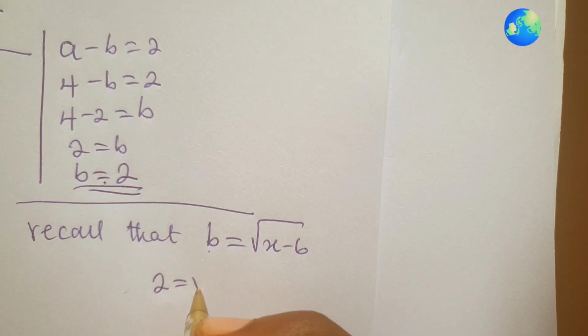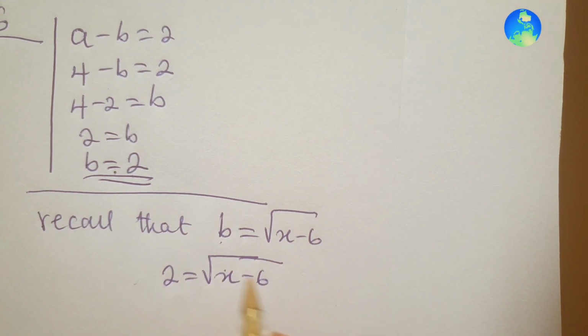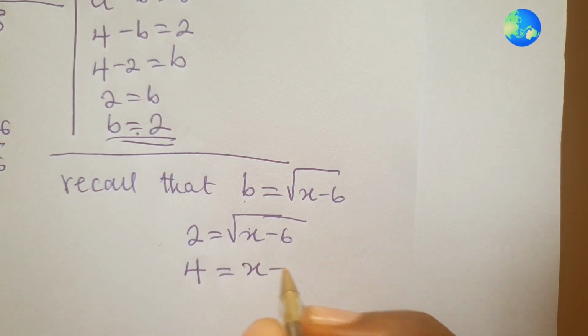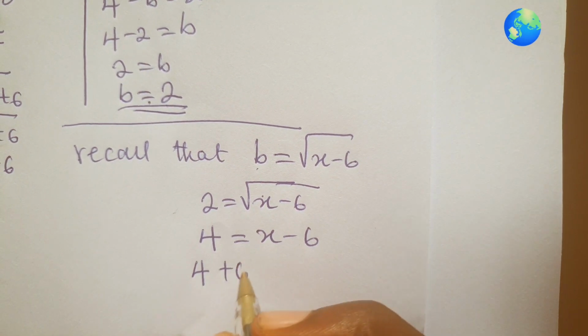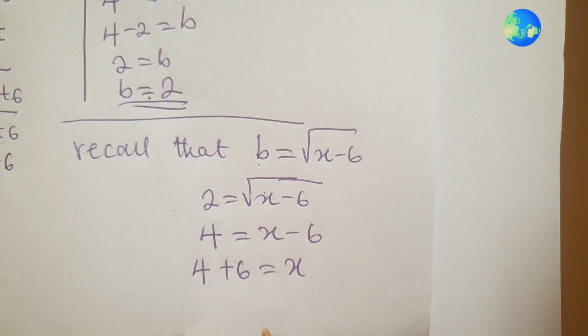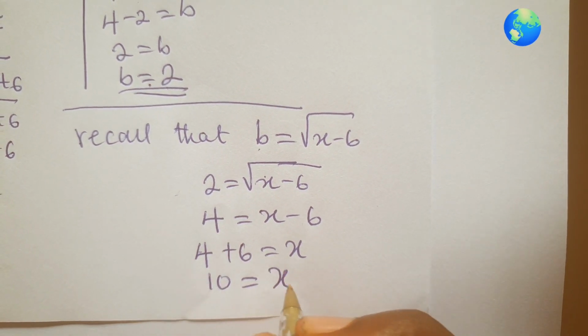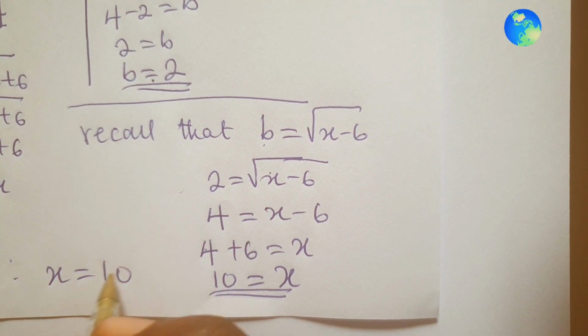So 2 equals square root of x minus 6. If we square both sides to take away the square root sign here, we're having 4 equals x minus 6, right? So 4 plus 6 equals x when 6 crosses to the other side, right? 4 plus 6 is 10 to be what? x. I can just conclude that x is equal to 10.